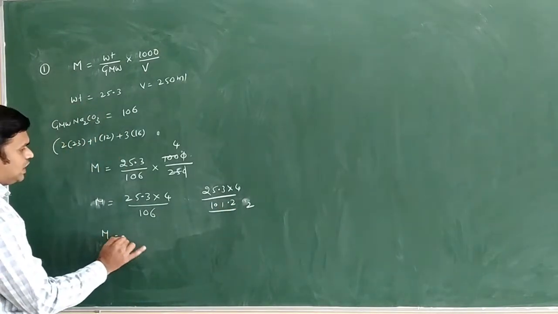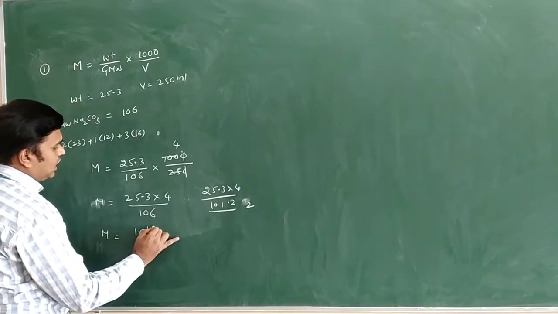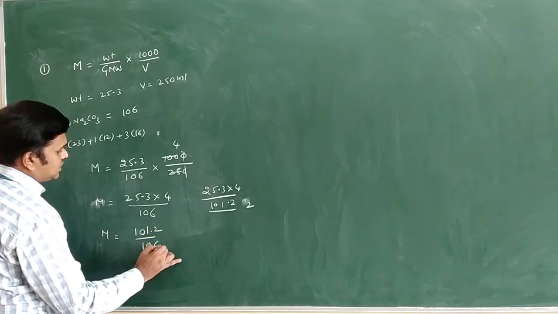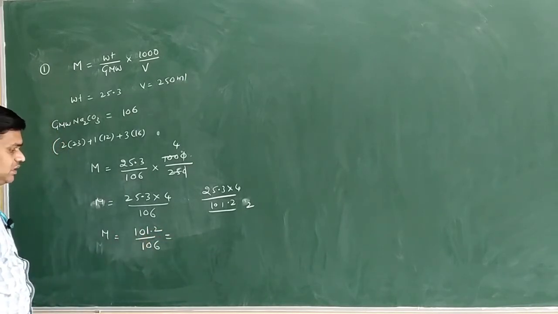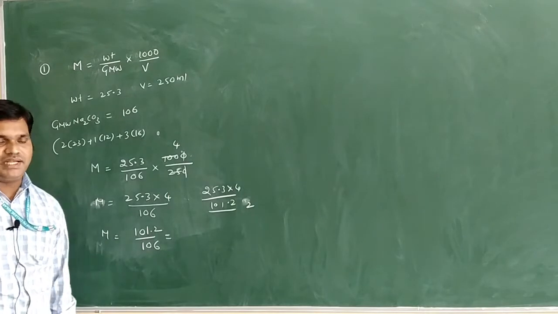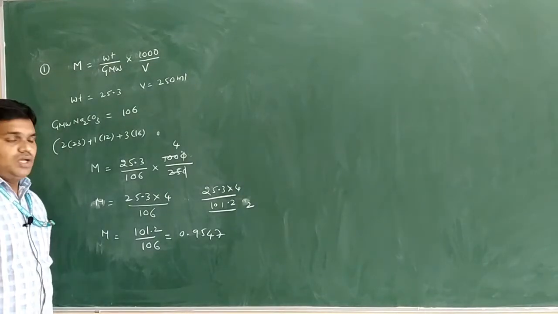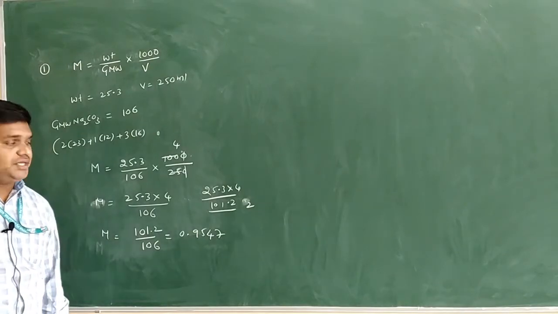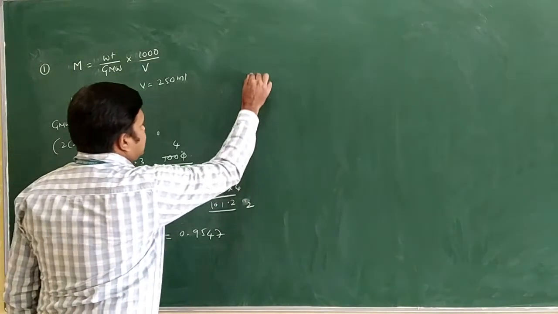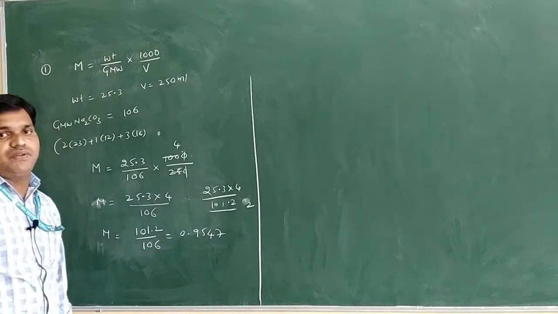So molarity M is equal to 101.2 by 106. So 101 is there, 106 is there, approximately what you will get here? You will get approximately 0.9547. This is the concentration of the solution.